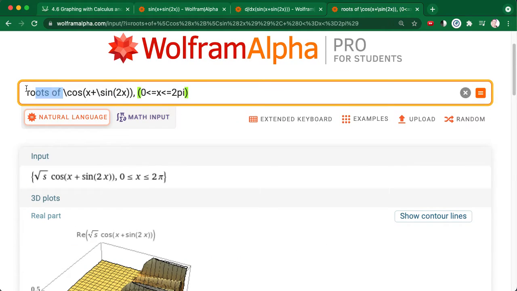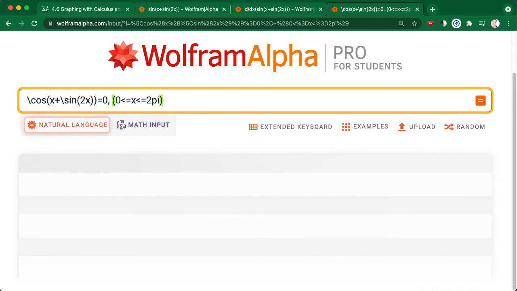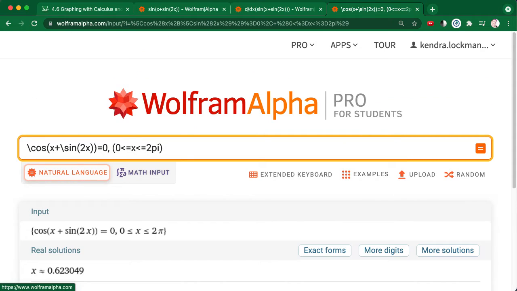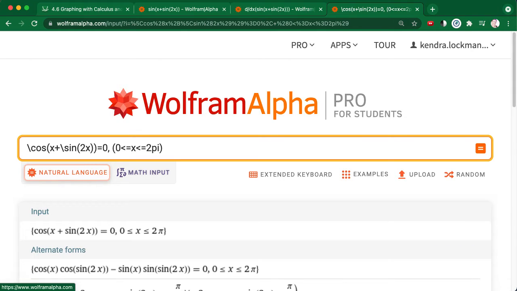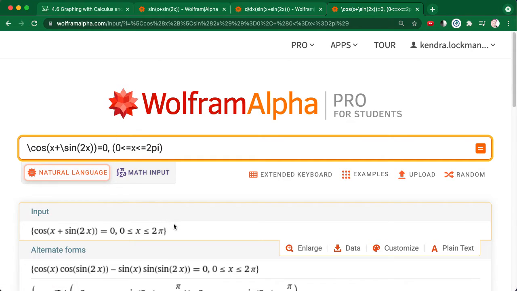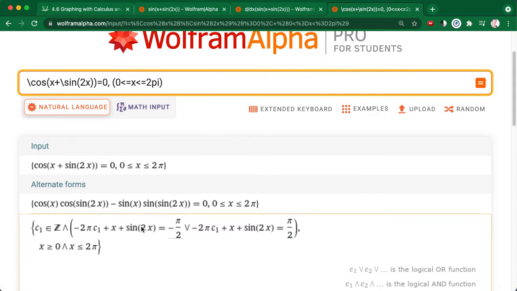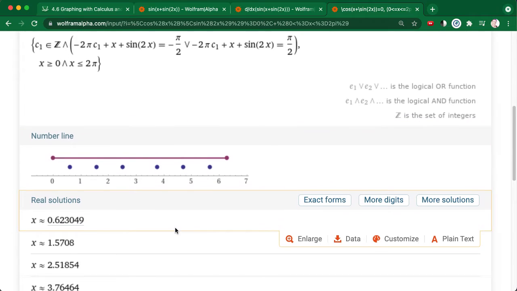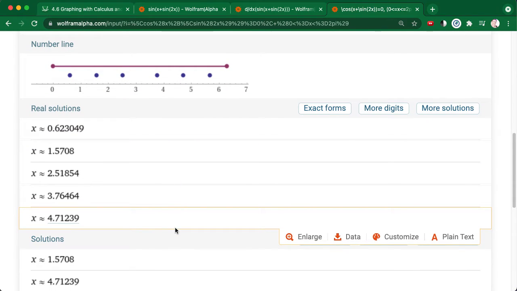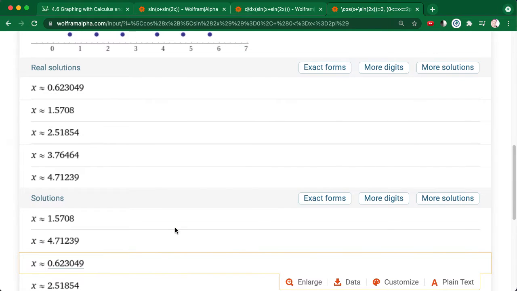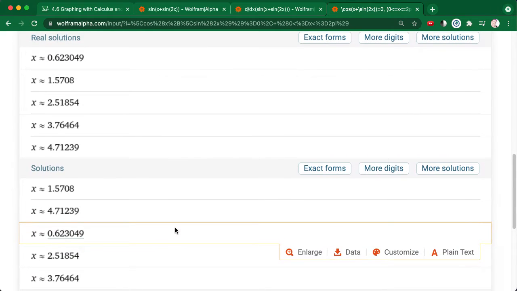Somehow it's taking roots and making a root. So I want equals 0. Okay, solutions to this equation equals 0, where x is between 0 and 2 pi. Okay. There we go. Here's our solutions. And they're all real solutions. Interesting.